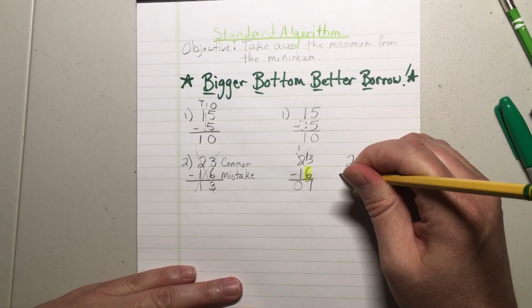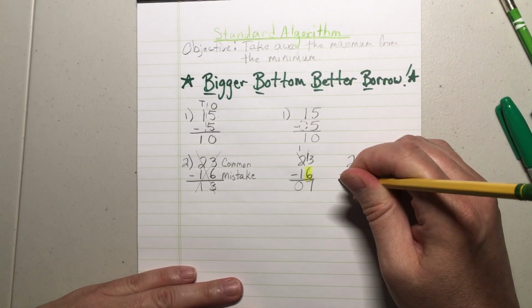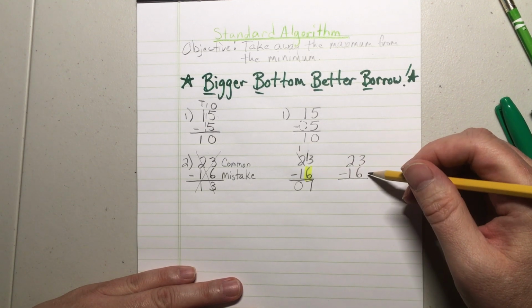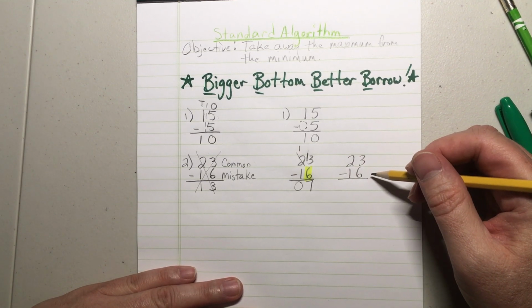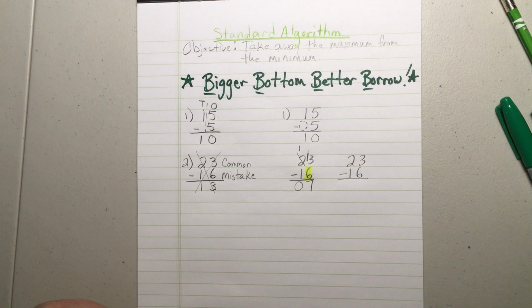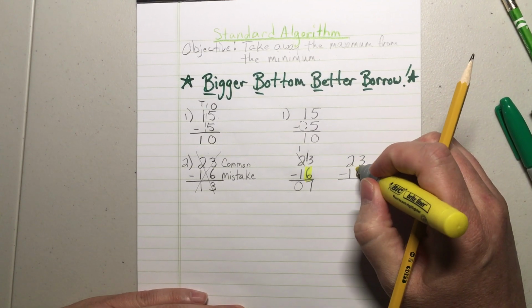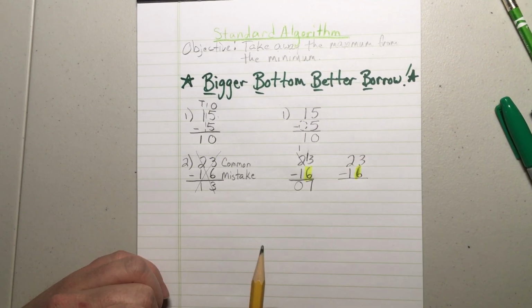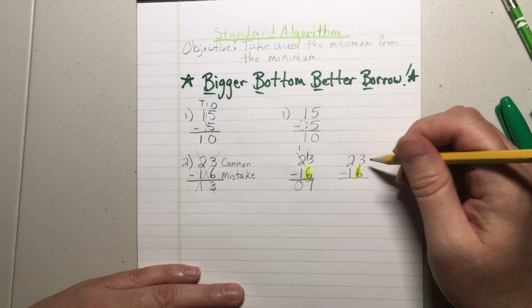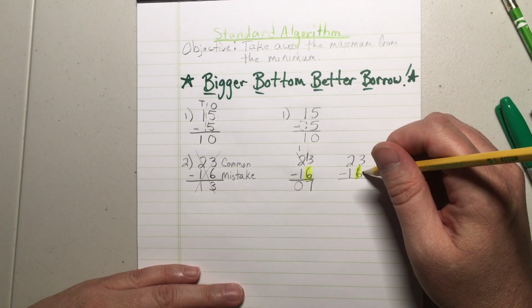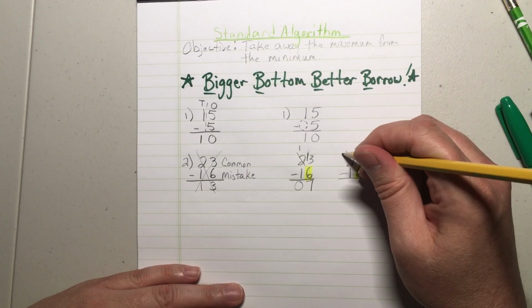And again, even when I practice the most simple of problems, I am going to try to stretch it out where I'm thinking about it by the place value. Okay, so I have a bigger bottom here, so I'm going to borrow from the 10s.